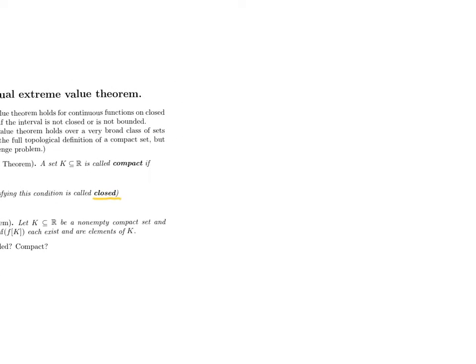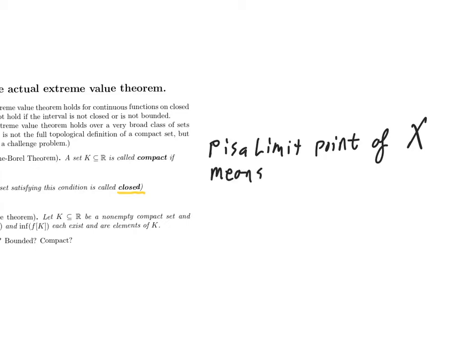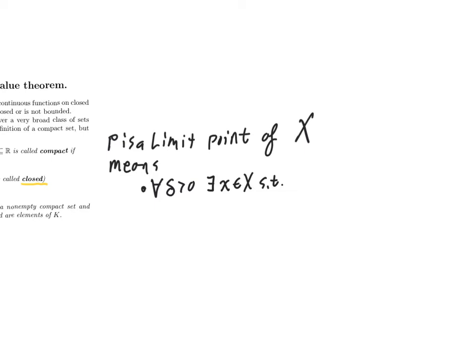Let's go off to the side and remind ourselves what a limit point is. So P is a limit point of a set, well, it's called K over there, but I'll be generic, I'll call it X, means for every delta bigger than 0, there exists some point in X such that 0 is less than the absolute value of X minus P is less than delta.